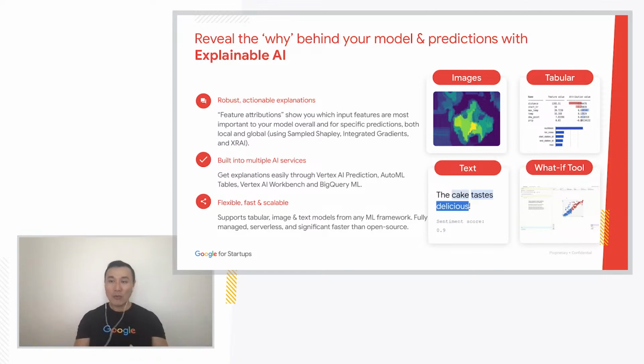We provide that capability within Vertex AI as well, for images, tabular, text and so on. At the model level, when you're training it, you can see the feature importance of each feature in your data sets, representing which one carries the most importance for this model.